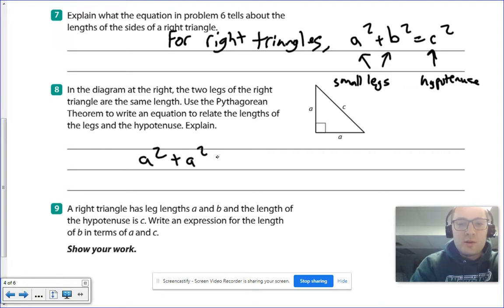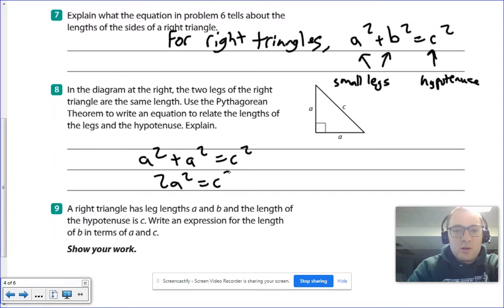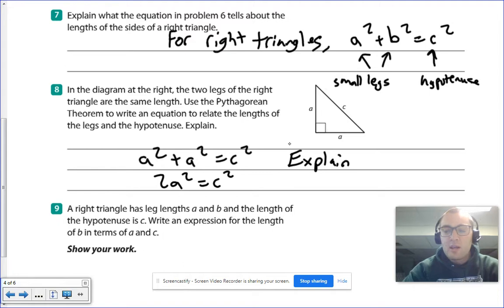So a squared plus a squared equals c squared, which you could combine to be 2a squared equals c squared. Because both legs are the same length, the sum of them is 2a squared instead of a squared plus b squared. So just make sure you explain that the same lengths make the equation look a little bit different, but it still works the same way.